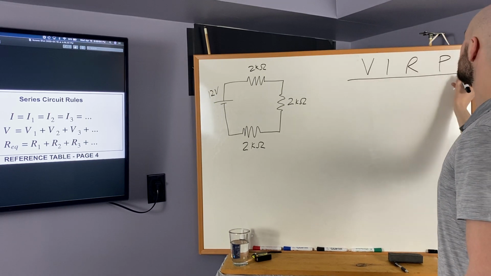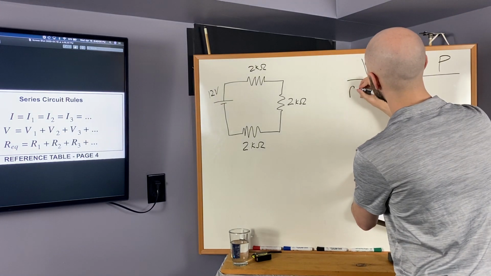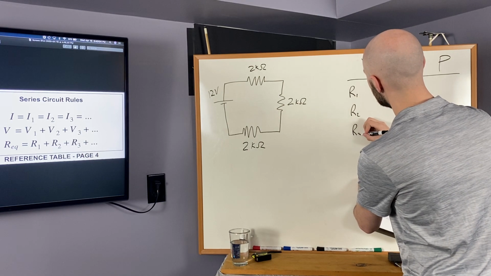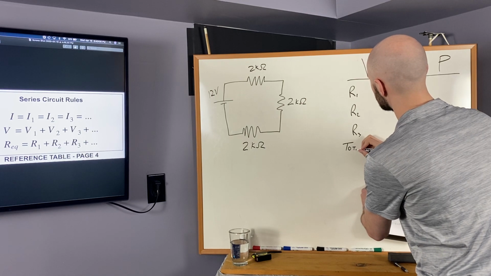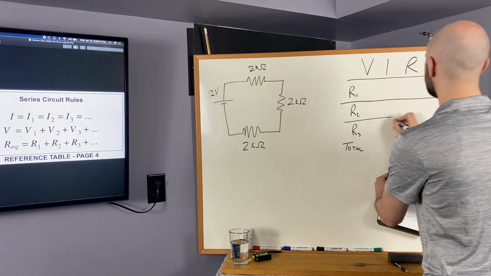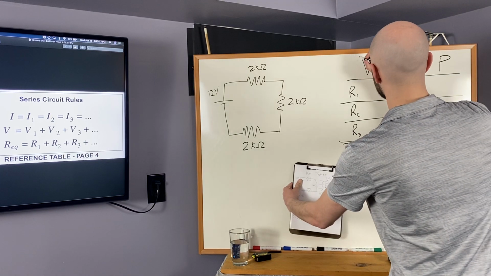And then down the side here, we're going to put resistor 1, resistor 2, resistor 3, and then total. Make your table look pretty.